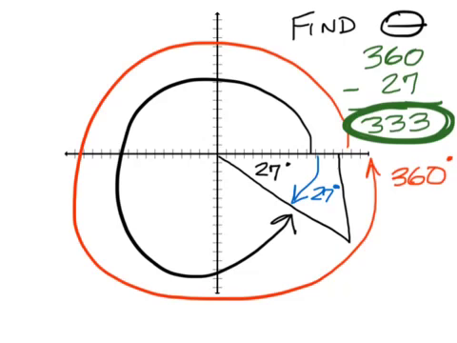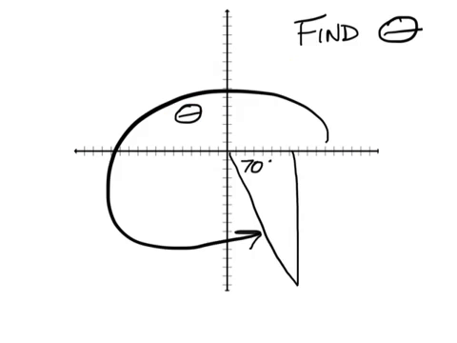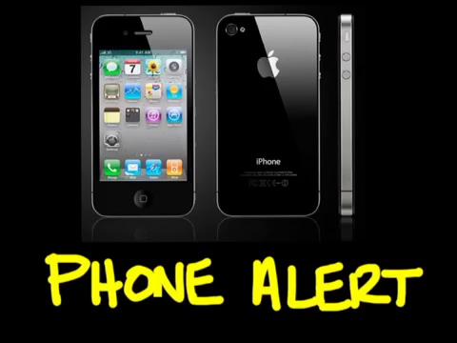In the fourth quadrant, you will subtract the angle you find inside from 360. That will give you the value of theta, which in this case is 333. What is the value of theta in the fourth quadrant there if you found 70 inside the triangle? The answer should be 290.